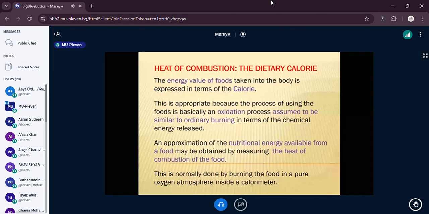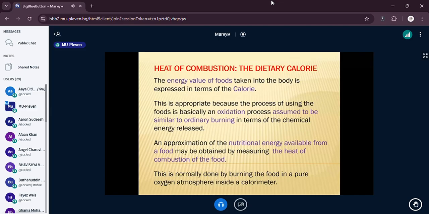Is it correct? This was proven. In what way? Via measuring heat of combustion. How to measure it? Using the device that is called a calorimeter.